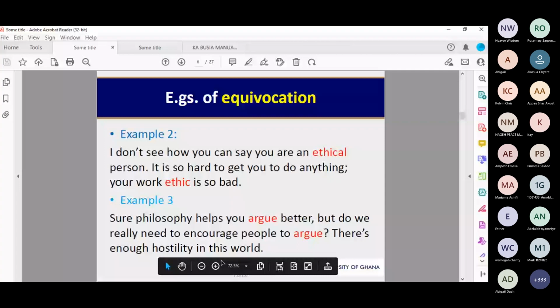If you live here, they have customs. At a certain time of the year, I think August or so, depending on where, they tell you, don't drum and make noise. Don't move around after a certain time in the night. Then you go and tell them that Ghana's law allows for freedom of movement.